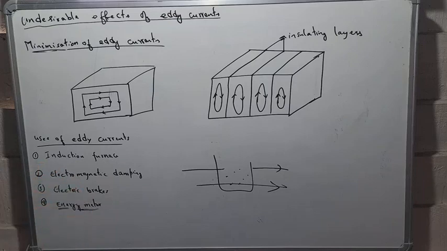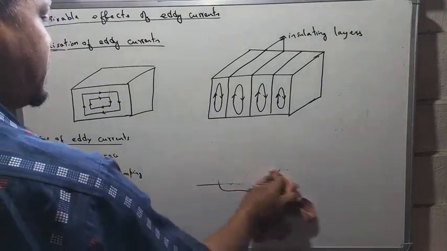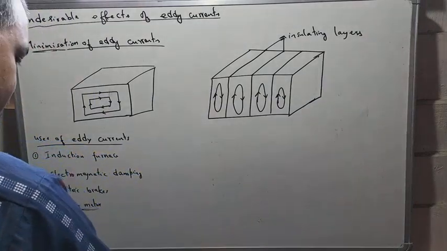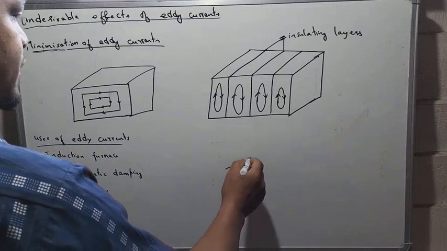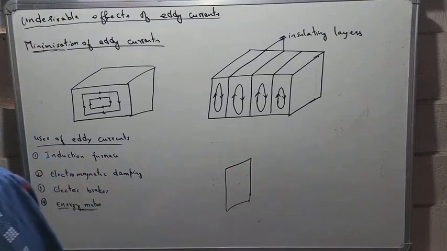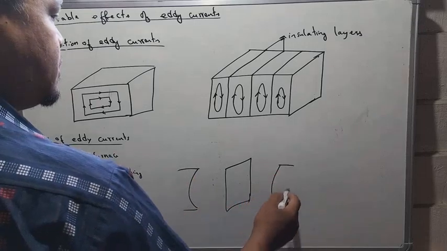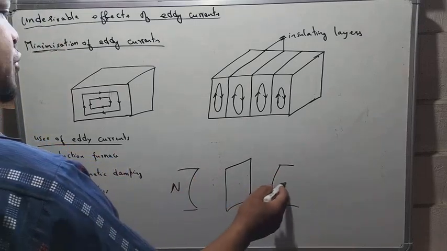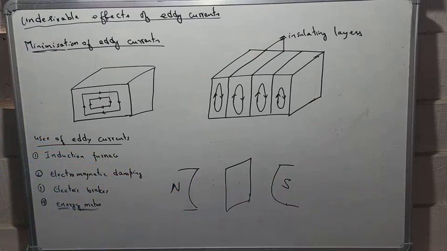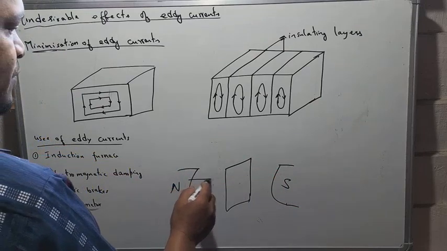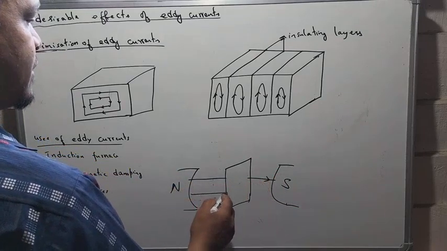The second application of eddy current is electromagnetic damping. If you remember, in a moving coil galvanometer, we have a rectangular loop, and this rectangular loop is placed between two pole pieces of a horseshoe magnet, north pole and south pole, and this horseshoe magnet produces a magnetic field.